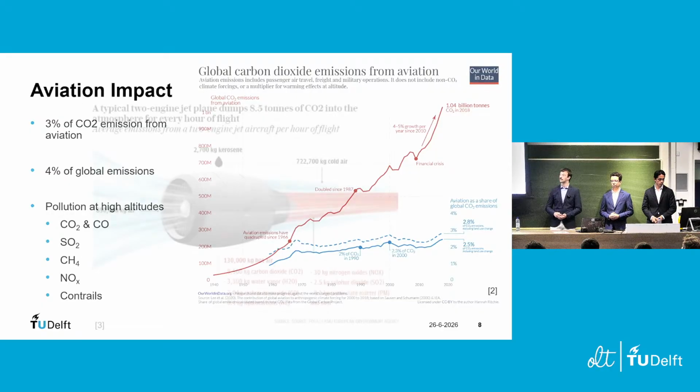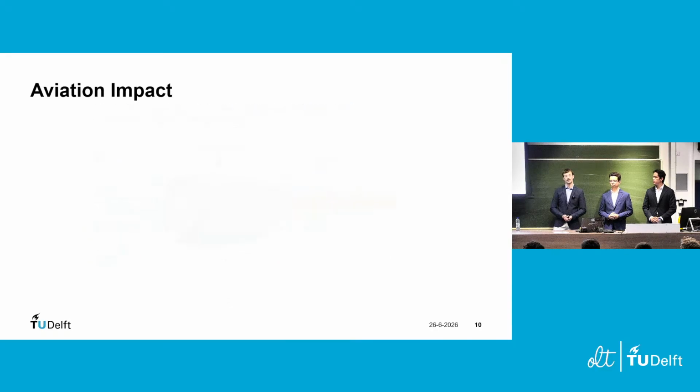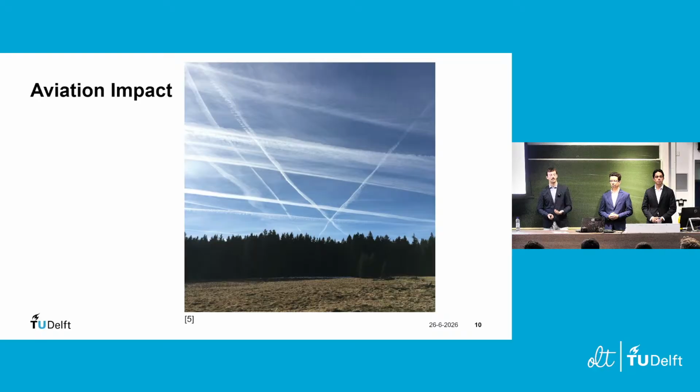This happens because a conventional jet aircraft dumps 8.5 tons of CO2 per hour of flight. And as I said before, it's not only CO2, but also leftovers from combustion, particulate matter, in which water vapor can then condense and form long-lasting contrails, which, when multiple line up in the sky, affect the radiation balance of the Earth, increasing the greenhouse effect by trapping infrared radiation.